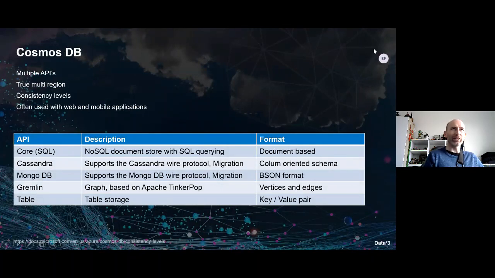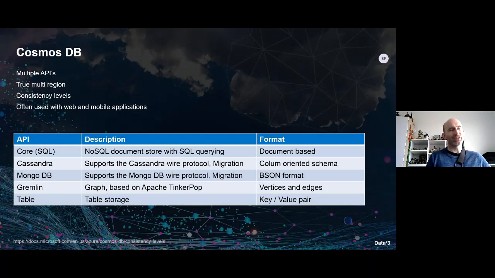Cosmos DB was touched on briefly before, but I've gone into a bit more detail now. So Cosmos DB is a NoSQL database, so not only SQL. It has multiple APIs. It's a true multi-region, as in you can have multiple regions all throughout the world, which can read and write.